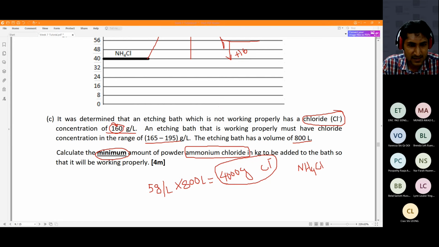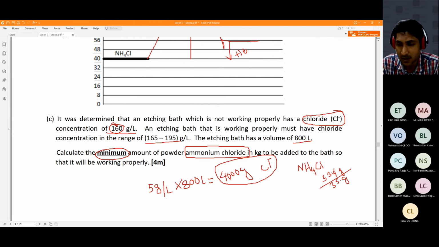Now we see that the molecular weight of ammonium chloride is, let me check, 53.4, just rounding off. 53.4 gram is the molecular mass of ammonium chloride, but chlorine is 35.5 gram per mole.